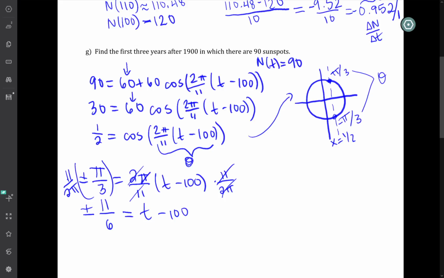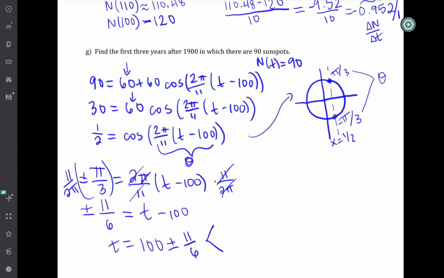So it looks like t is going to equal, if we add 100, 100 plus or minus 11 over 6. Okay, so again, this gives us one of the years. In fact, two of them, because I have a plus or minus, but it doesn't necessarily give me the first three. So what is 11/6?